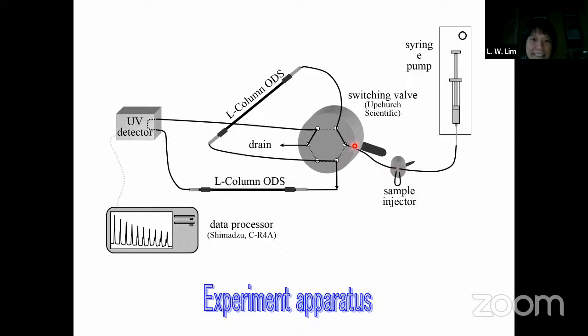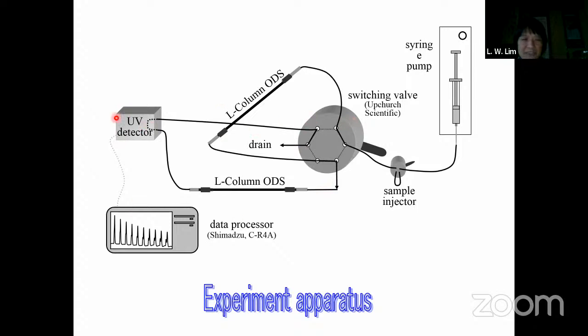So okay, anyway, we connected two short columns, 10 centimeter ODS columns, to the valve. It's very easy to connect because we used fused silica, and the column is only 10 centimeters.